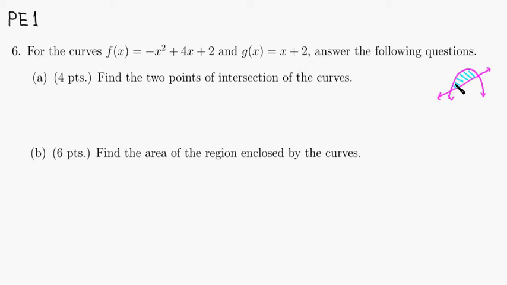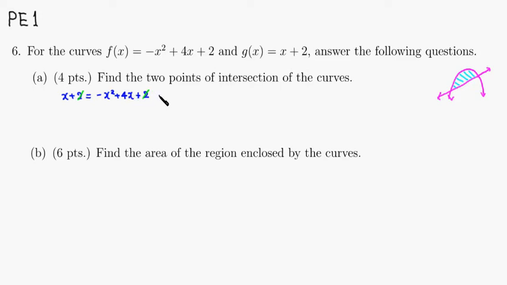So let's find the 2 points of intersection of these curves. We just need to set them equal to each other. So I'm going to set x plus 2 equal to negative x squared plus 4x plus 2. Since both sides have 2 in it, by subtracting 2 from both sides, you can cancel the 2.